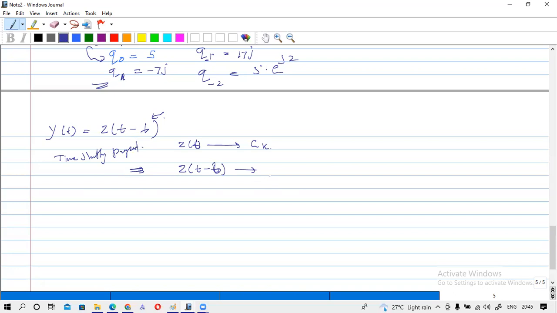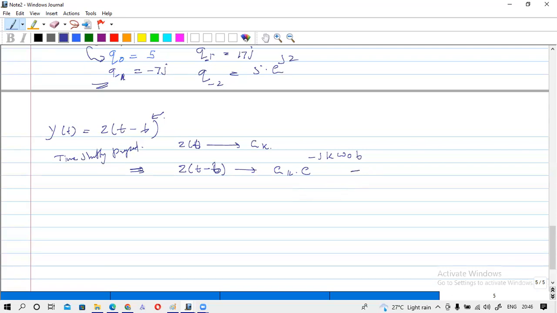Using the time shifting property, you can say that z t minus 6 has coefficients ck e to the power minus j k omega naught times t, where here t will be 6. So here a minus sign, and here also will be minus.